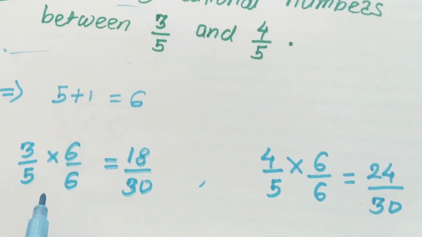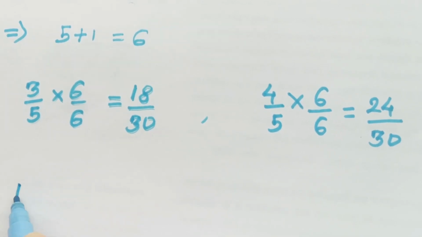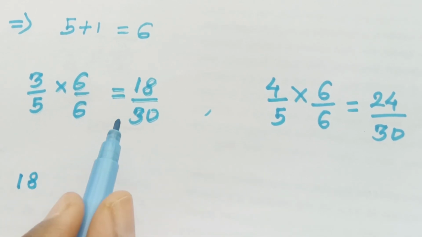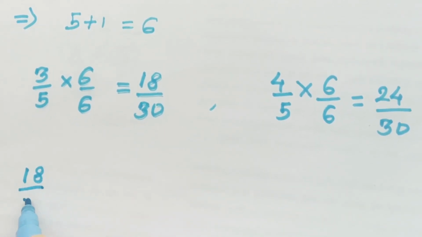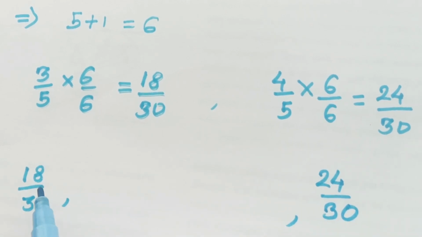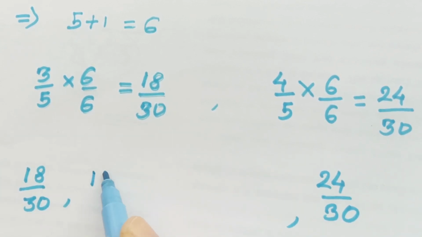Now we have to find the 5 rational numbers which lie between 3 by 5 and 4 by 5. So 3 by 5 we have converted into 18 by 30, so I am writing 18 by 30, and here 24 by 30. You just have to add 1 to the numerator and go up to 24. So 18 plus 1 is 19 by 30.